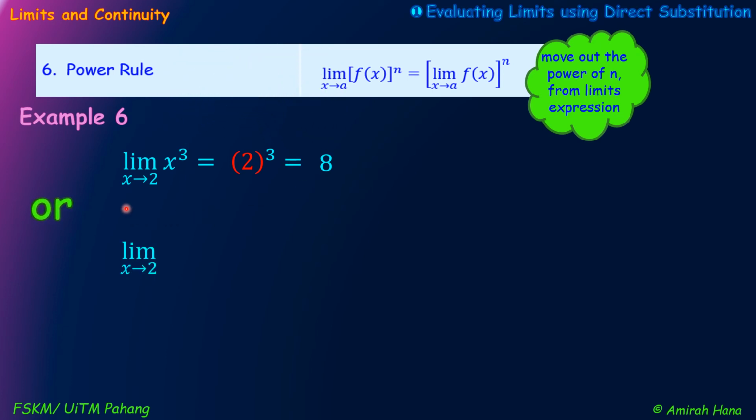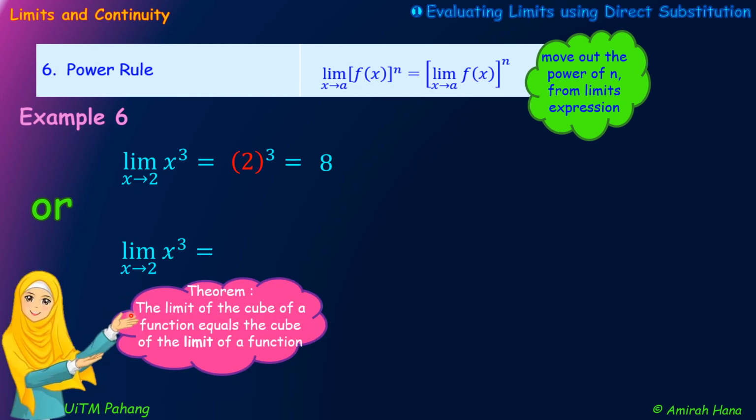Or, from the same example here, limit x approaches 2 of x cubed, we can use this theorem. The limit of cube of a function is equal to the cube of the limit of a function. So we can move out cube from limit expression here.